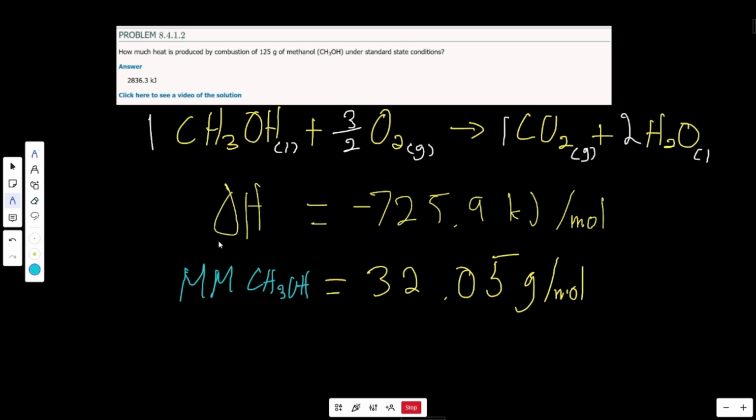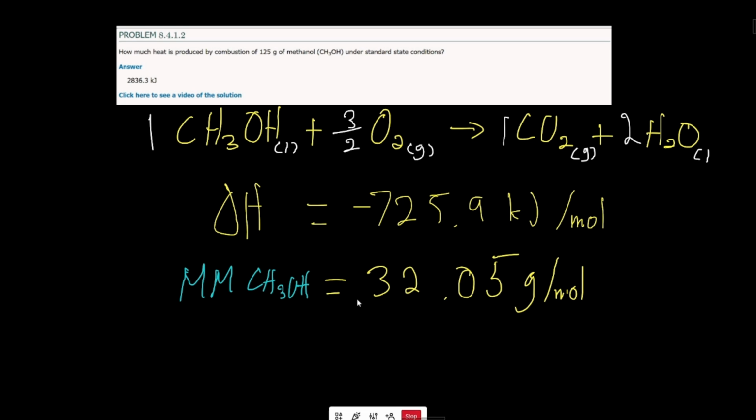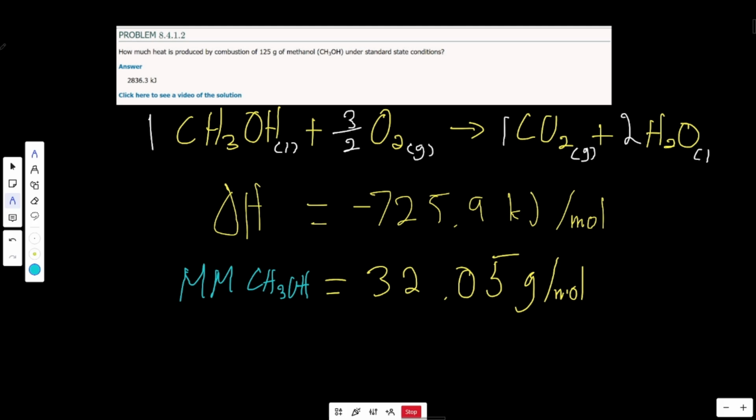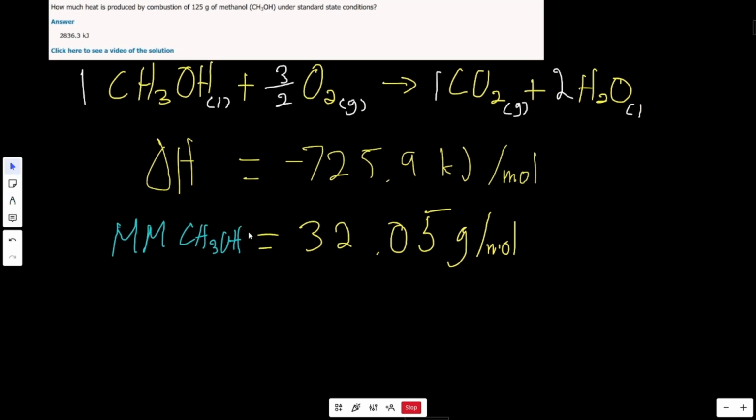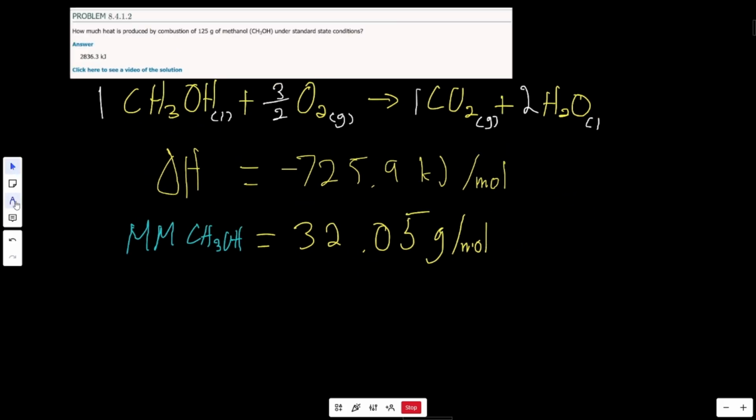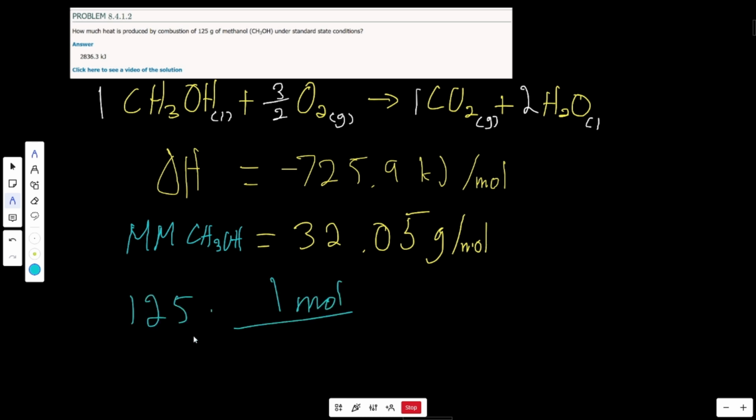To get grams to moles, we need to cancel out the grams. So we're just going to use our conversion factor. We'll have 125 times 1 mole over 32.05 grams. So essentially we're just dividing, and this would get us 3.9 moles of methanol.